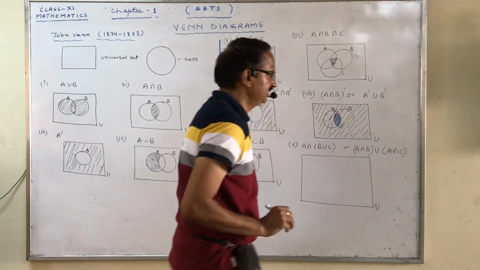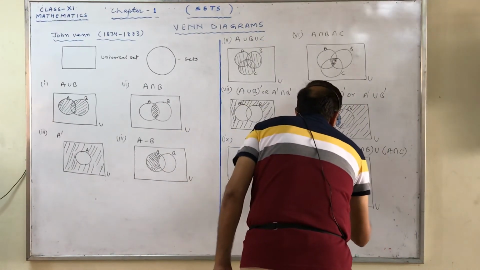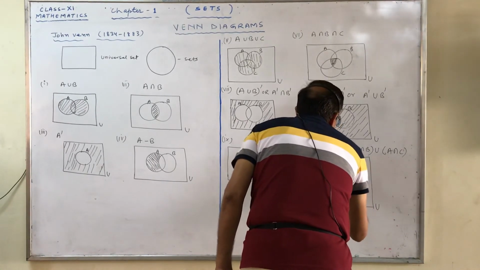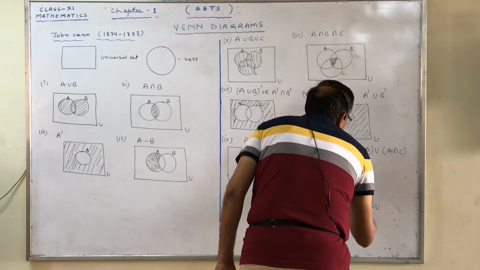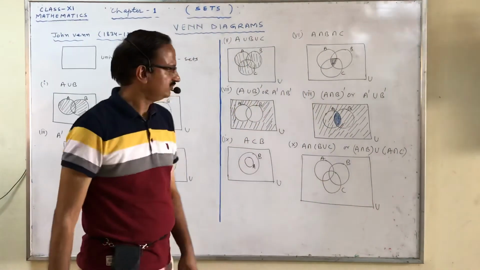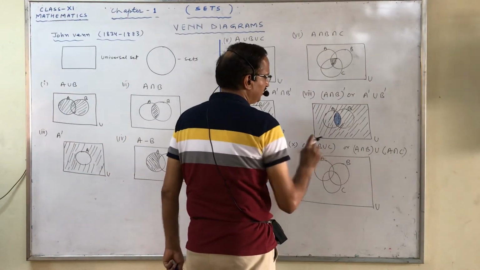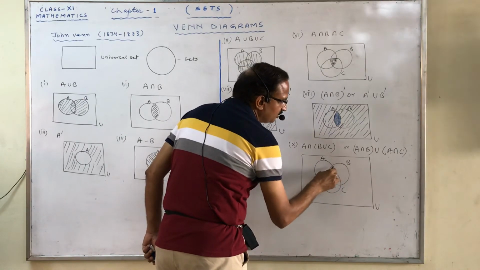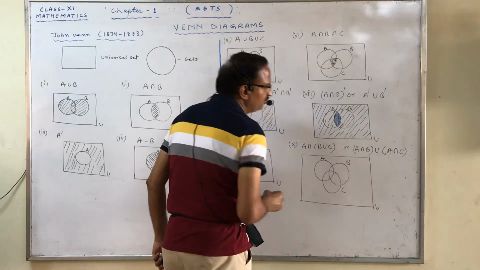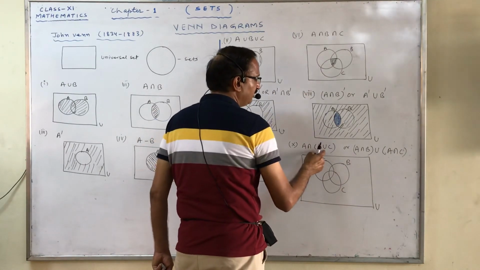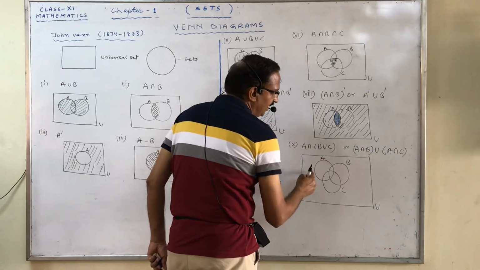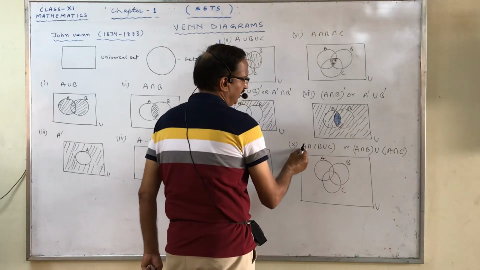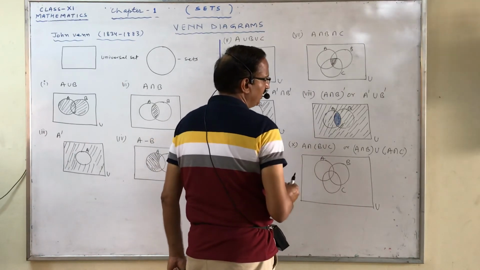This is universal set, and these are 3 sets. Suppose this is A, this is B, and this one is C. B union C means all the elements of B and C. So this total portion represents B union C, and the intersection of this with A. This is set A. So the common portion between B union C and A represents A intersection B union C.